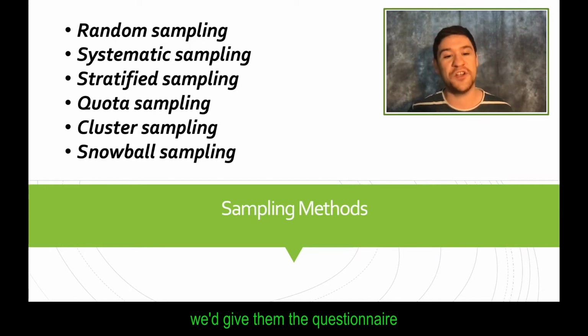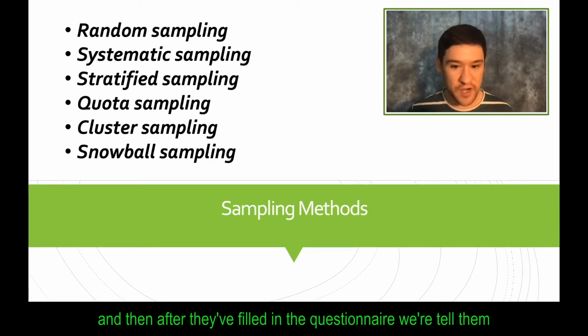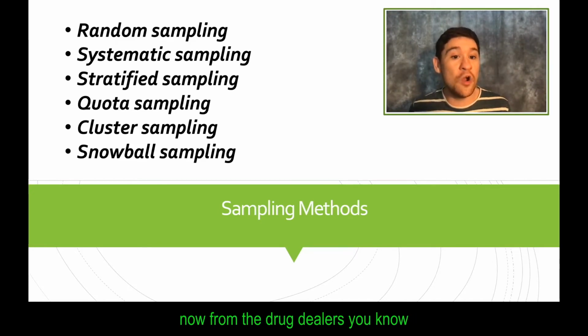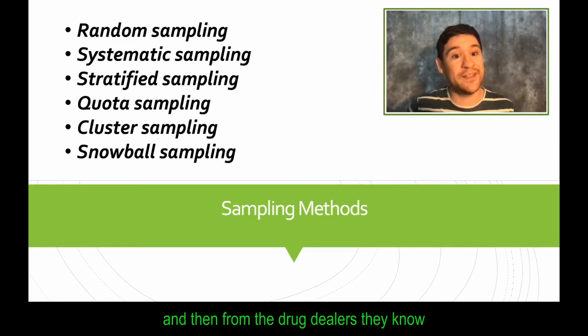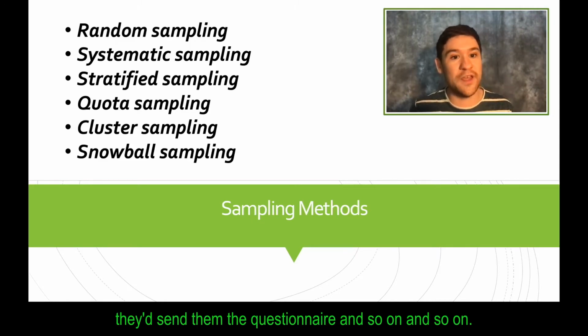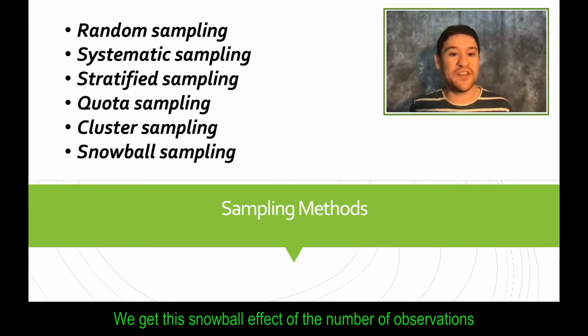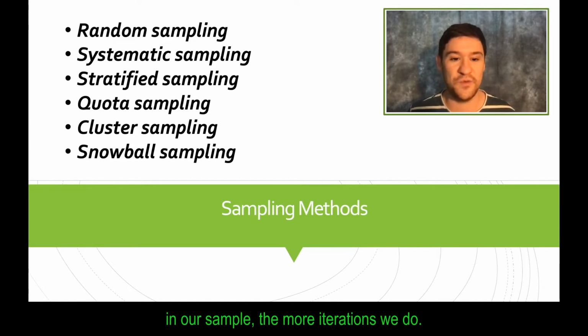We'd give them the questionnaire. And then after they filled in the questionnaire, we'd tell them, now from the drug dealers you know, go and give them this questionnaire. And then they'd fill it in. And then from the drug dealers they know, they'd send them the questionnaire, and so on and so on. We get this snowball effect of the number of observations in our sample, the more iterations we do.